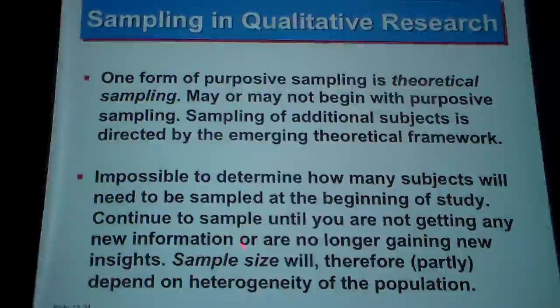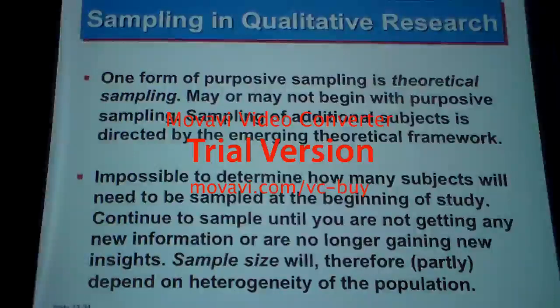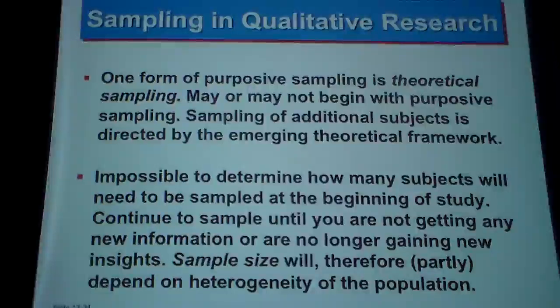When you choose something different, it will change the result. Then after that, you increase the sample size and get something different again, and it influences the result. So heterogeneity will partly affect the sample size in this case.